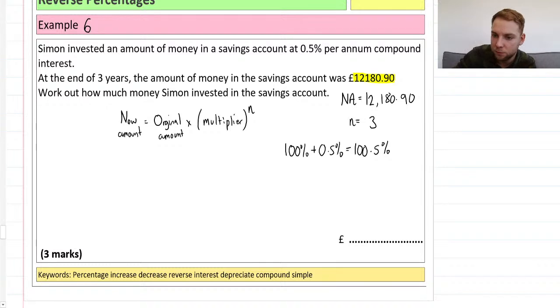Now if I want that as a multiplier, it needs to be 100.5 divided by 100, that's what percent means, out of 100, which is equal to 1.005. Be careful with that. So this here is our multiplier.